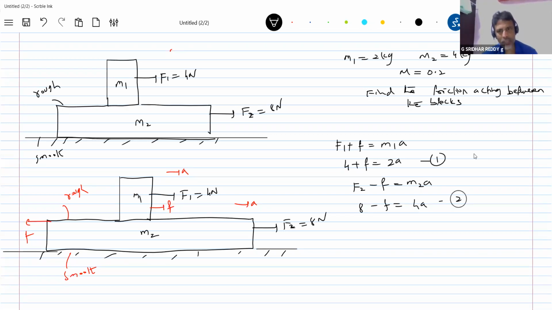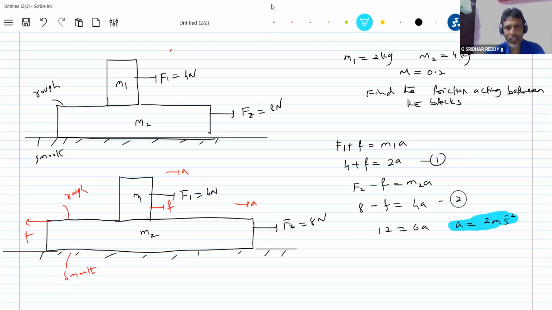I'll add up these two. So 12 equal to 6A, acceleration equal to how much? 2 meter per second square. There's one answer we got. Let's calculate the friction acting. Substitute this acceleration in either equation 1 or 2. I'll substitute in 1. 4 plus F equal to 2 into 2. So what is the value of friction force now? 4 minus 4, 0 Newton.